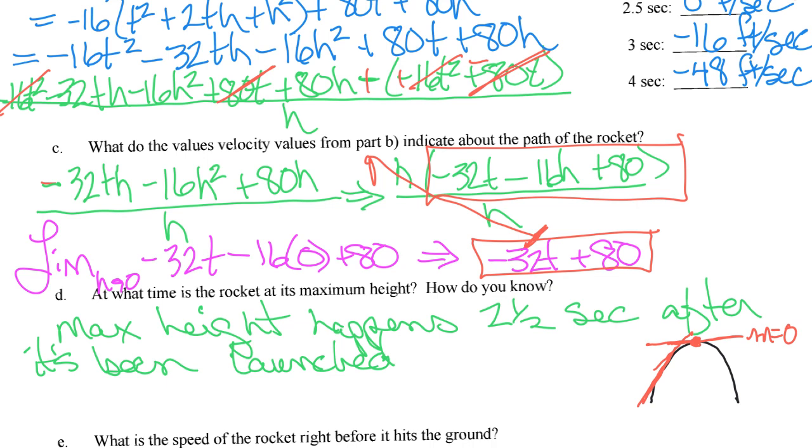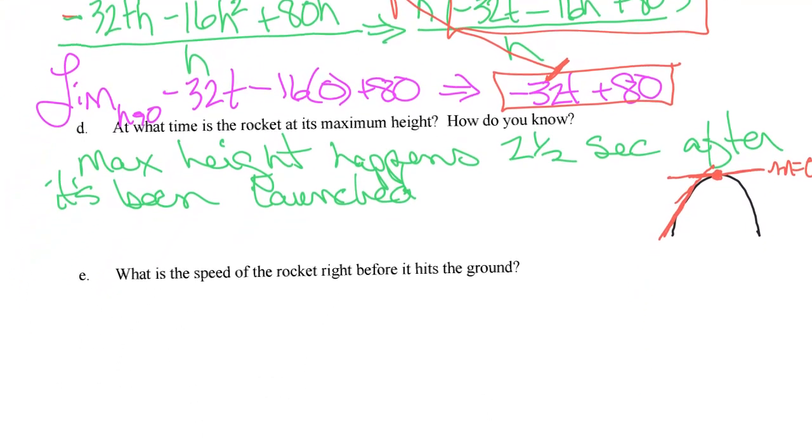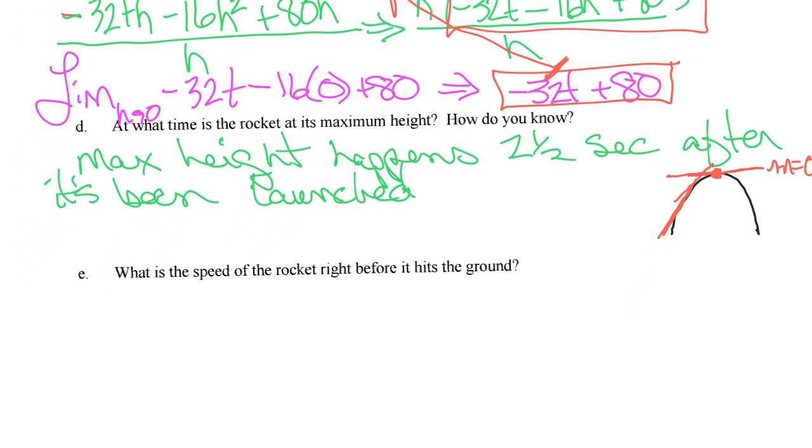Okay, and the last part, what is the speed of the rocket right before it hits the ground? If you remember in our toolkit, we talked about the difference between velocity and speed, and the major difference between velocity and speed is that velocity can be negative, which indicates direction, but speed is the absolute value of our velocity.